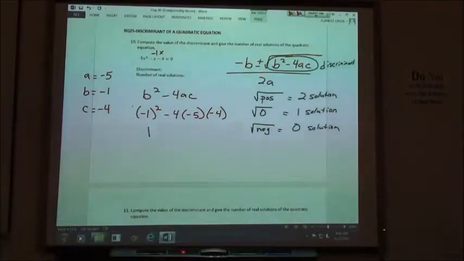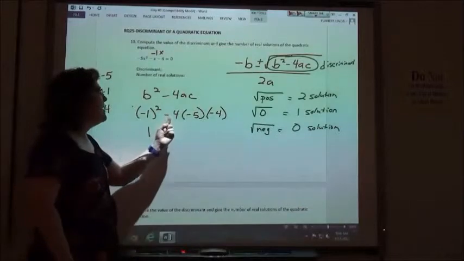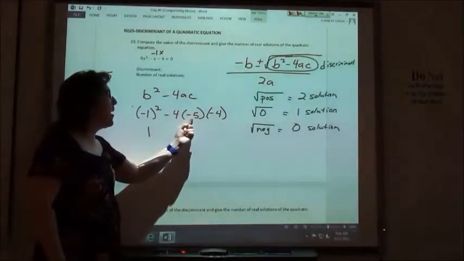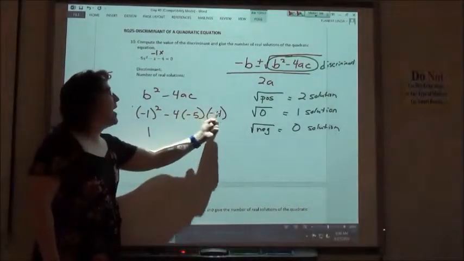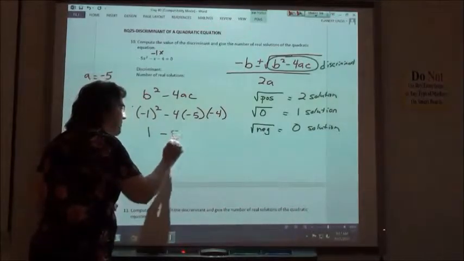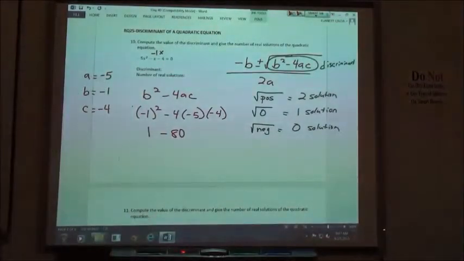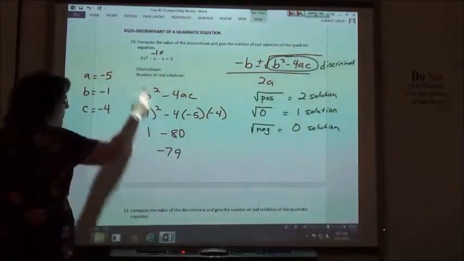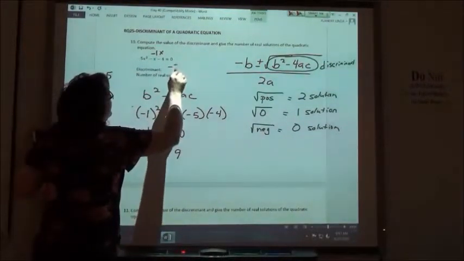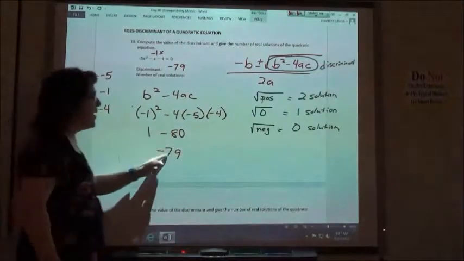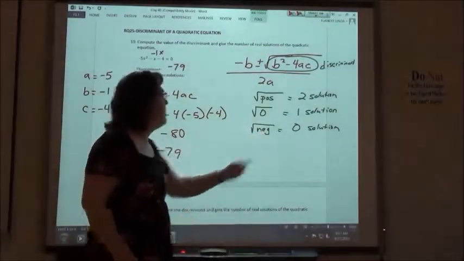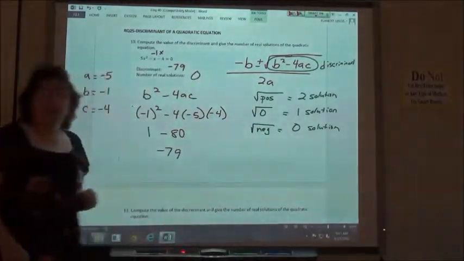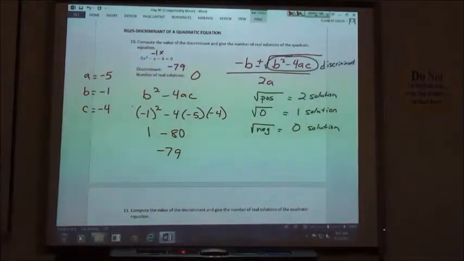Again, if you're using that calculator to do that, be sure to use the parentheses. Negative 4 times negative 5 is positive 20. 20 times negative 4, negative 80. 1 minus 80, negative 79. So the value of our discriminant is negative 79. If that number under the square root is negative, we can't do it, and so we're going to get 0 solutions to that problem.